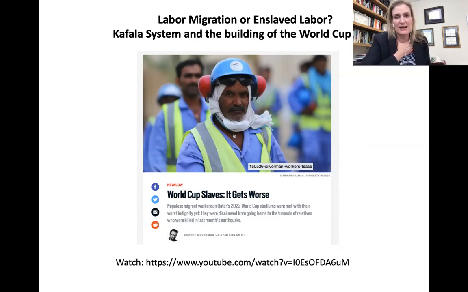Yes, most certainly. Anybody else have some more details to offer on the kafala system in particular, in addition to the working conditions of these immigrants? Isn't there something about the lack of infrastructure and being so high up that a lot of people fall? Yeah, indeed. That's part of it.